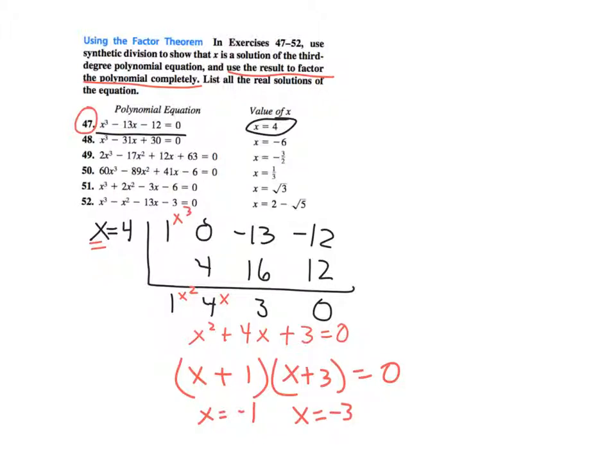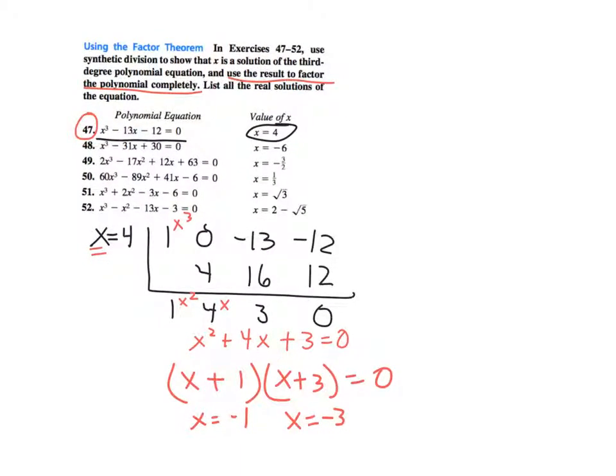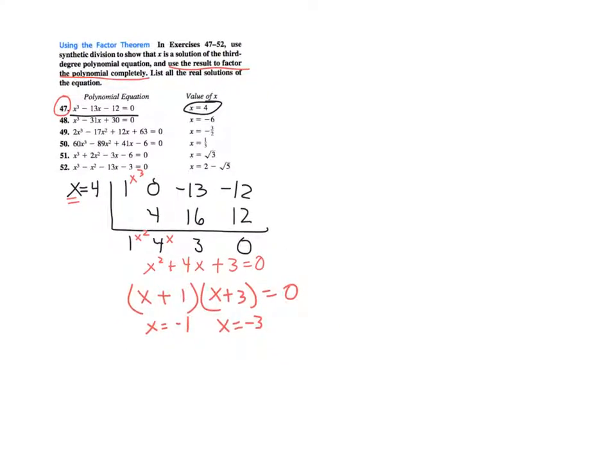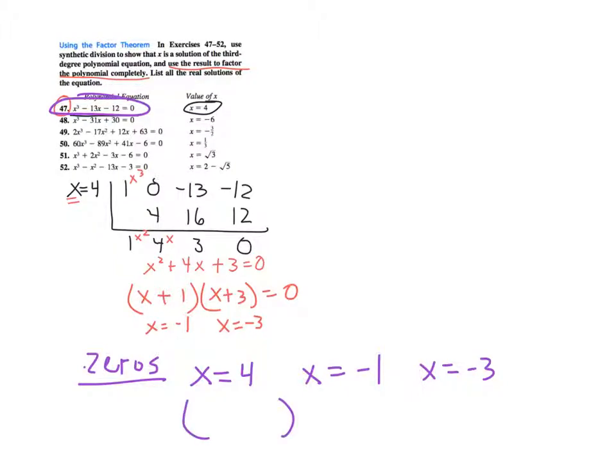So to carry into where we're going next, let's connect those real quick. If our zeros, from synthetic division, from a graph, etc., are x equals 4, x equals negative 1, and x equals negative 3, if those are zeros of my original function, then I can factor that function by turning these back into factors.